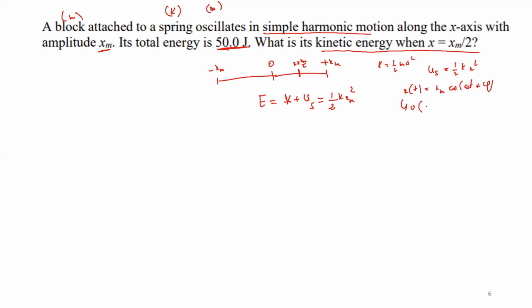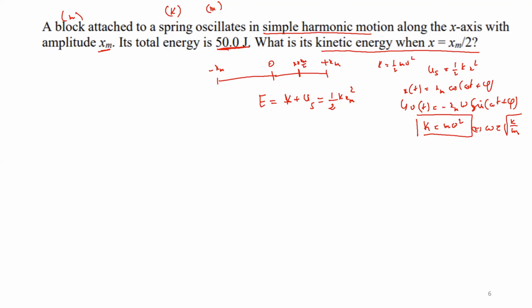So v is the derivative, so it will be minus x max omega sine(omega t plus phi). And then when I plug it in, I know that k is m omega square. We already talked about this important relationship. It's in your formula sheet. Write it down. Also omega is square root of k divided by m.